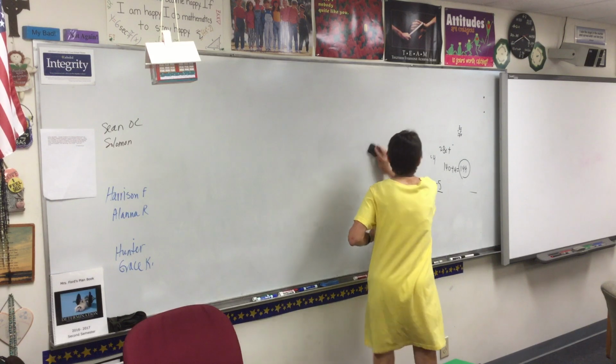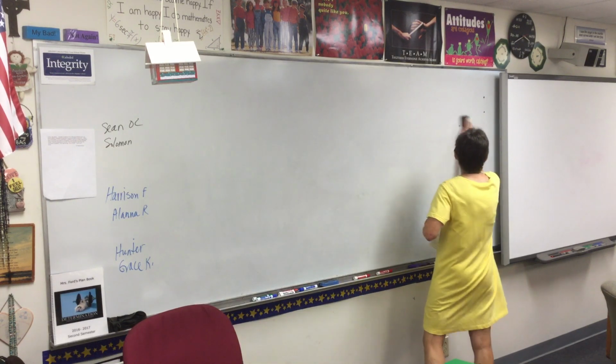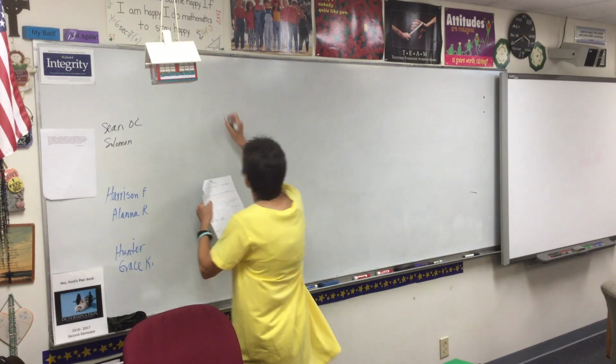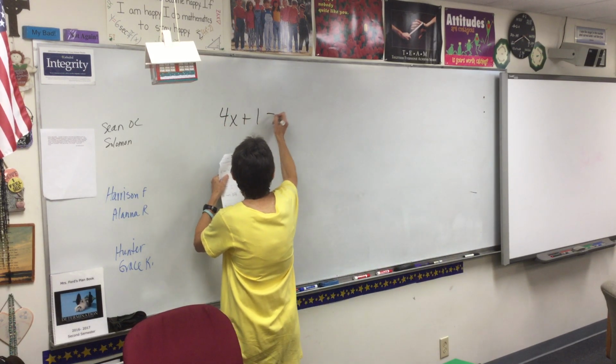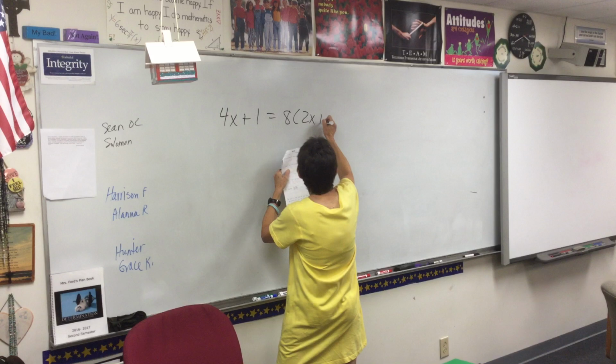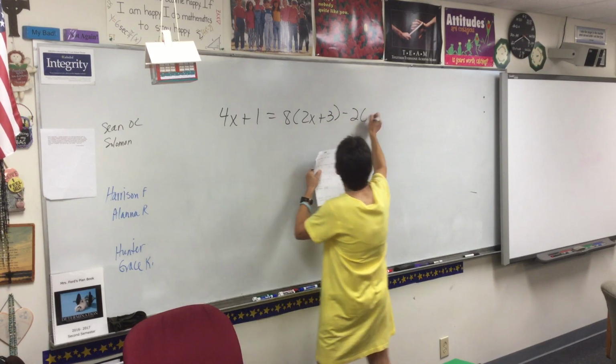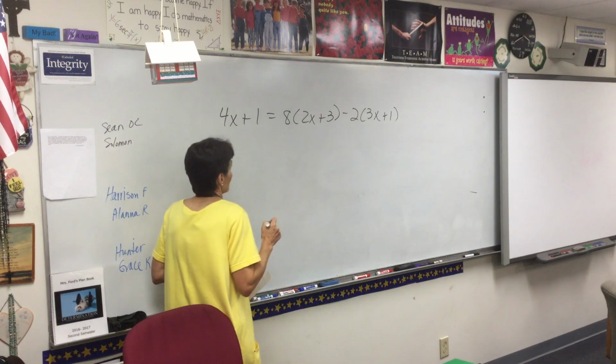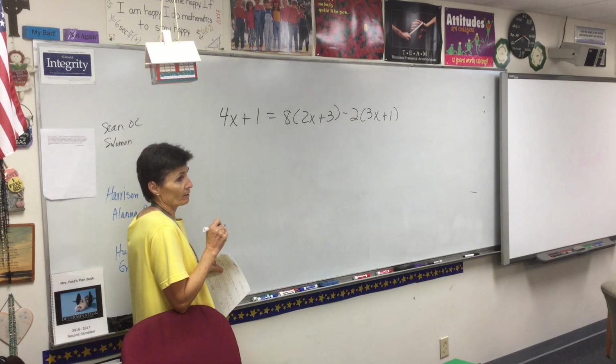Most of you, as I graded them, I went through and tried to figure out where you made a mistake. Most of you, it's arithmetic stuff. You're just not being careful with your arithmetic. So first of all, we're probably going to want to distribute.